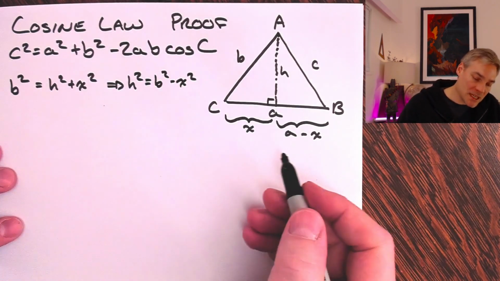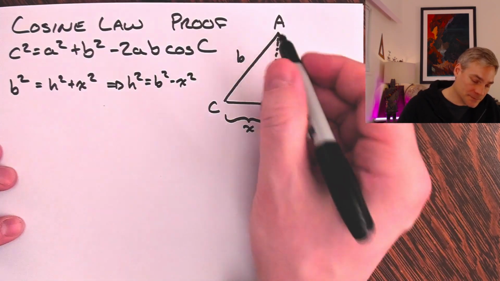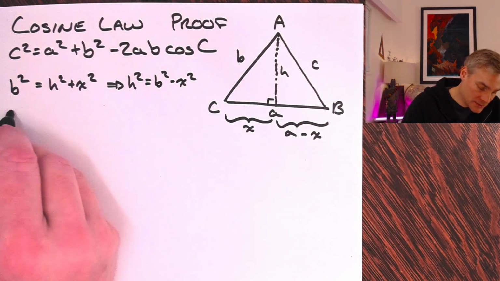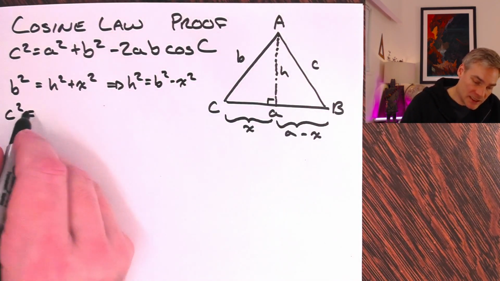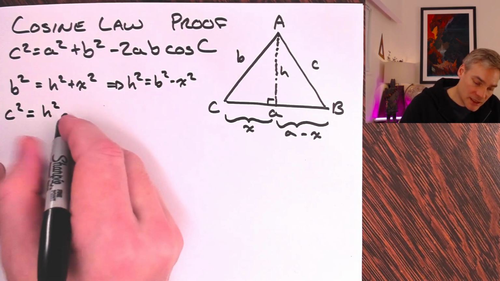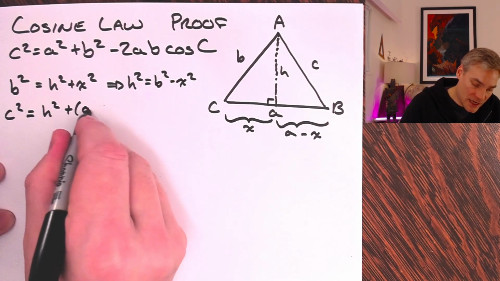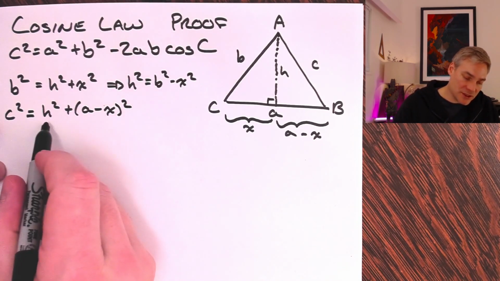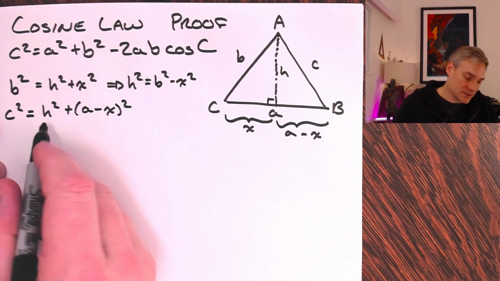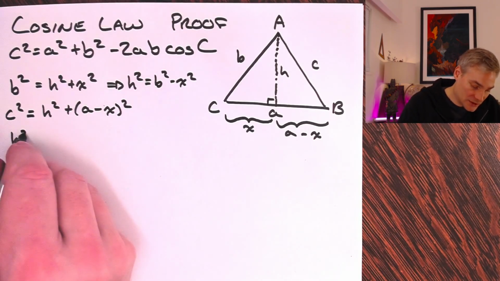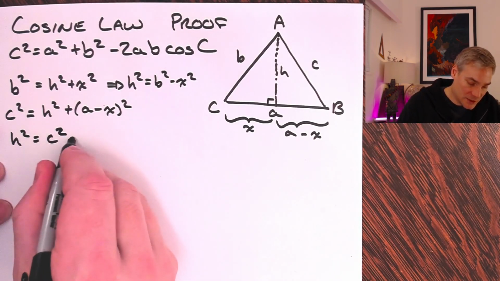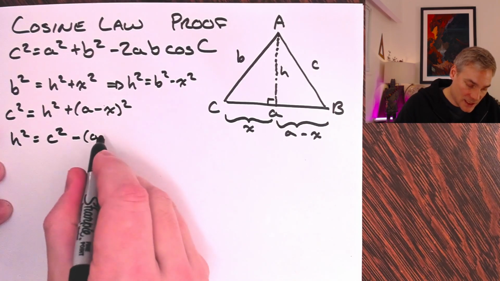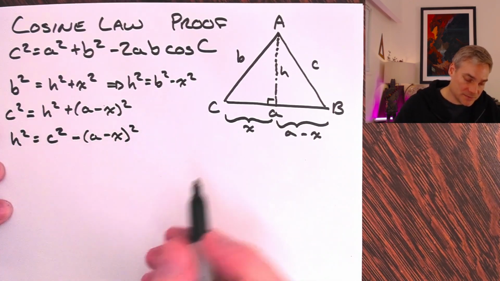Now for the second triangle over here, I have c squared, and that equals h squared plus (a minus x) squared. So I'm going to do the same. I'm going to solve for h squared. So this one now equals h squared is c squared minus (a minus x) squared.